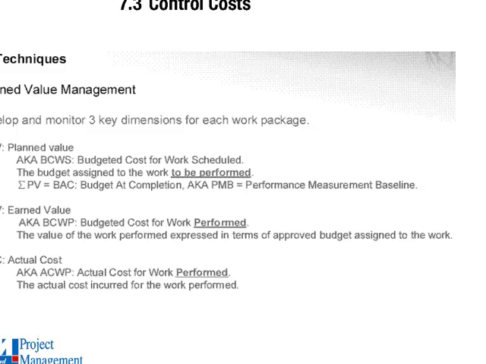Because your earned value is expressed in dollar plus time. That is your earned value. If you look at your earned value, the value of the work performed expressed in terms of approved budget assigned to the work.